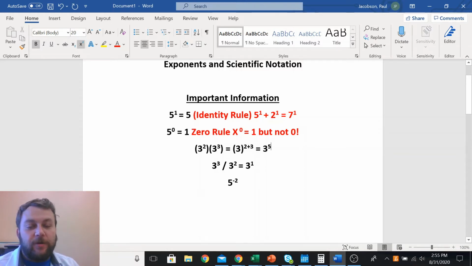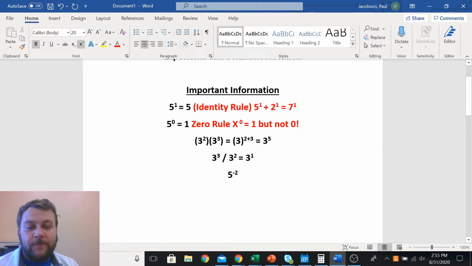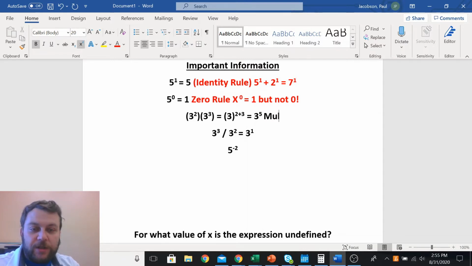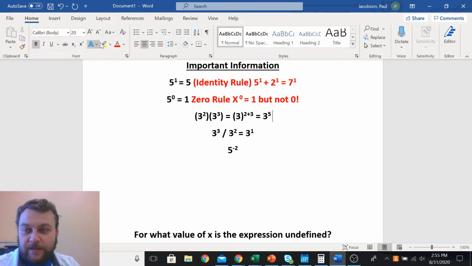So in this example, I have 3 squared times 3 cubed, or 3 to the power of 2 and 3 to the power of 3, and that equals 3 to the power of 2 plus 3, or 3 to the 5th. Now that's the multiplication rule. I'll just put that down because I'll put these notes up on our Moodle class.